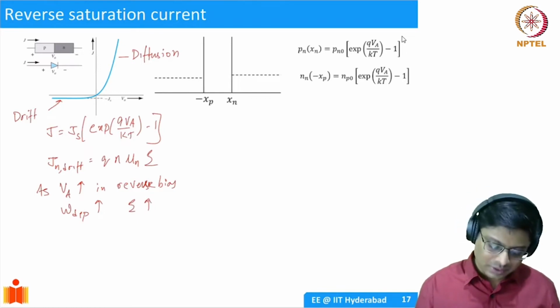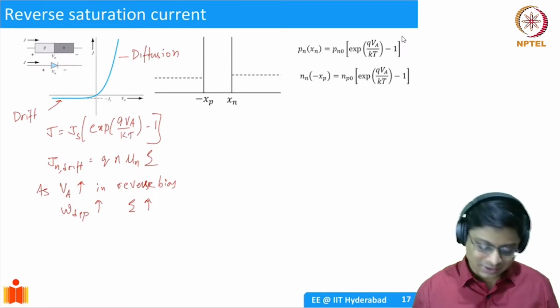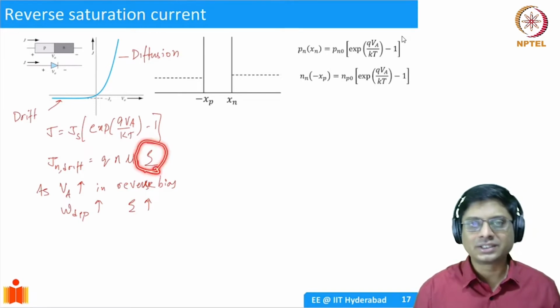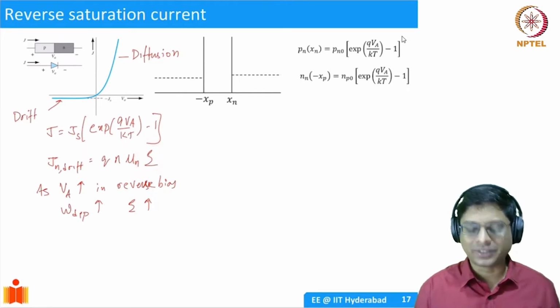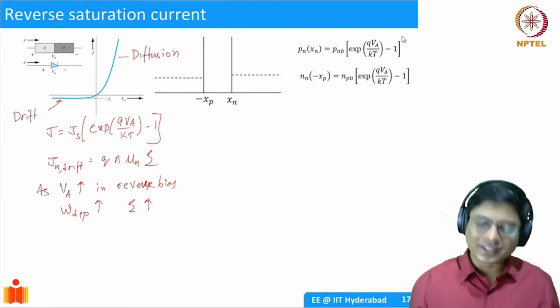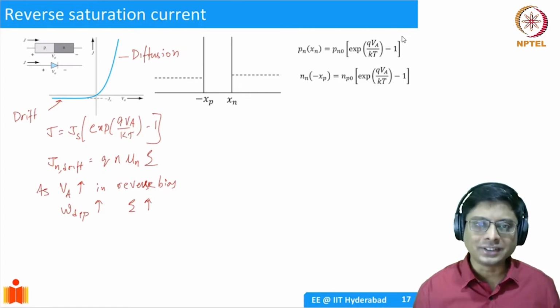So as you go further and further into reverse bias, the electric field is increasing, but the drift current seems to be constant, right? So essentially what we are saying is, as you increase the reverse bias voltage, the depletion width is increasing. That means peak electric field is increasing.